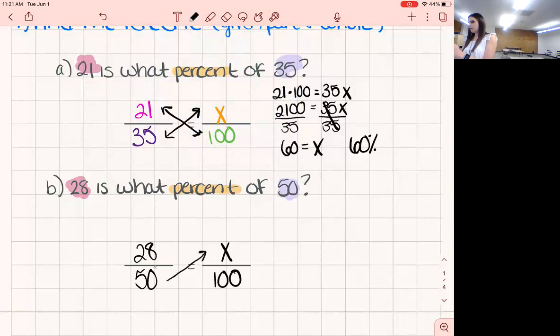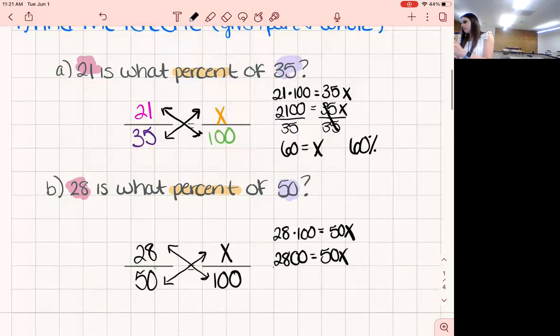Cross multiply here, cross multiply here, and end up with 28 times 100 equals 50x. 28 and 2 zeros equals 50x. This should be a nice number, but again, you're more than welcome to use a calculator.